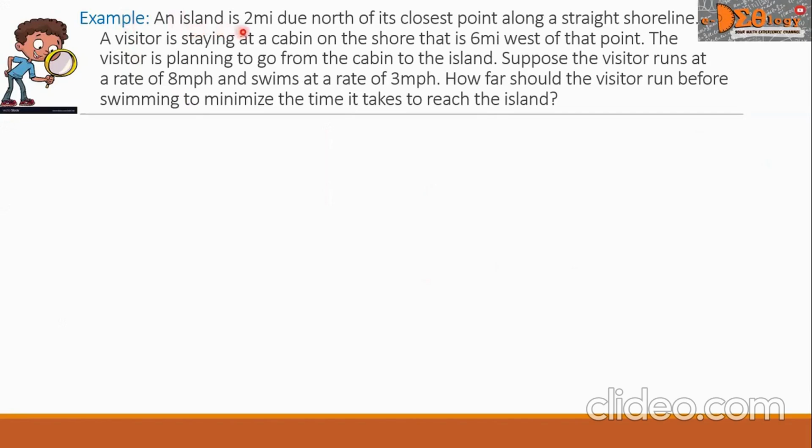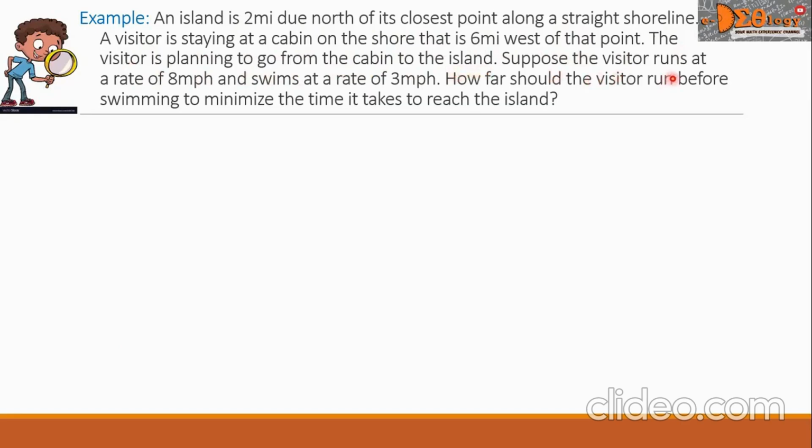An island is 2 miles due north of its closest point along a straight shoreline. A visitor is staying at a cabin on the shore that is 6 miles west of that point. The visitor is planning to go from the cabin to the island.